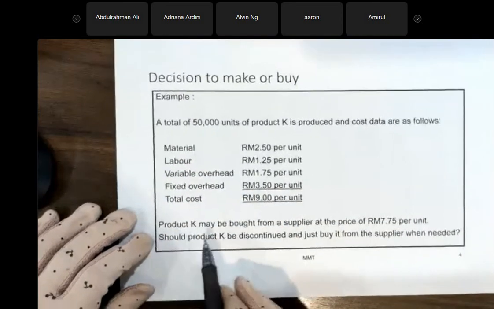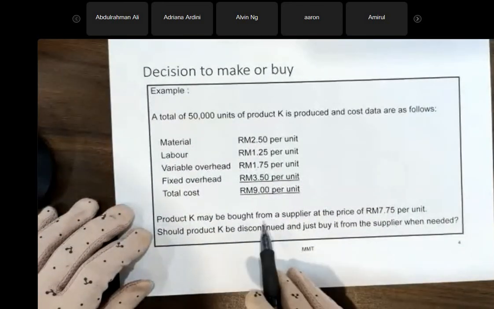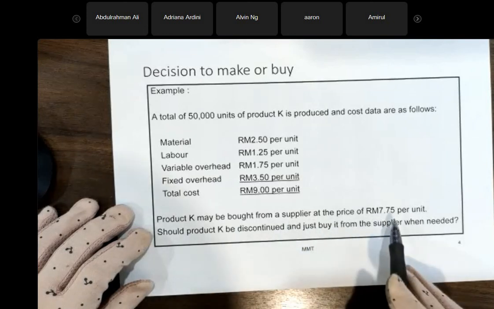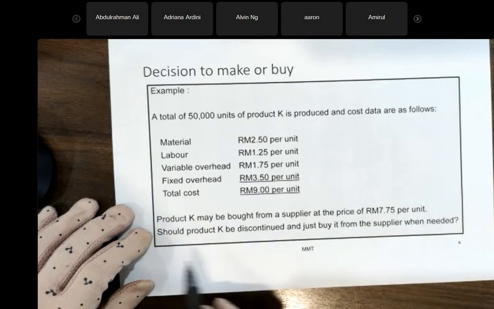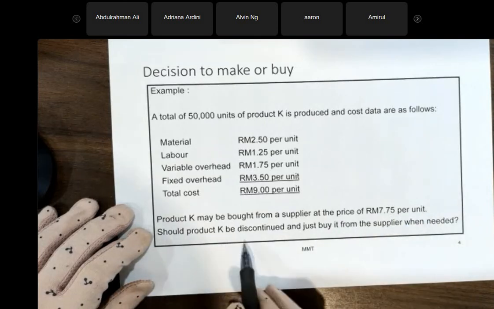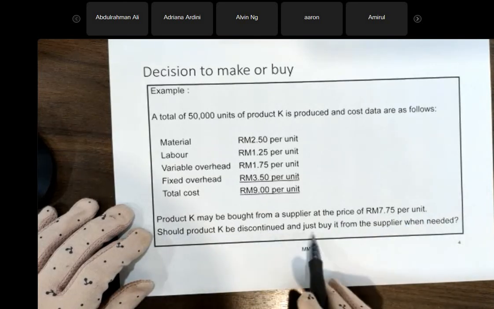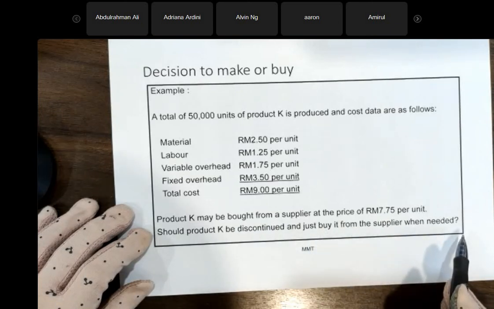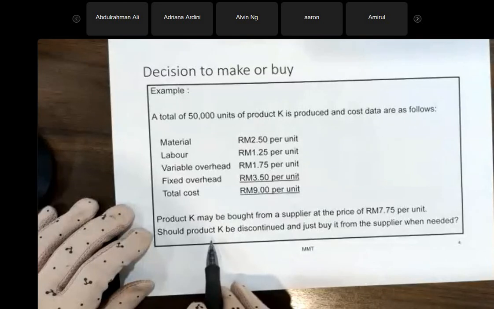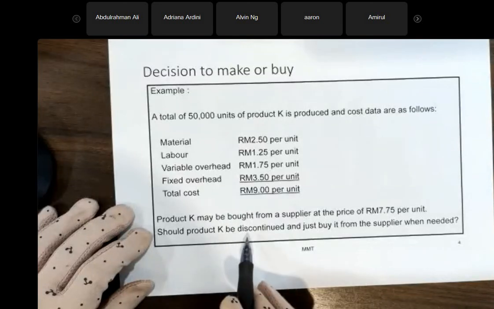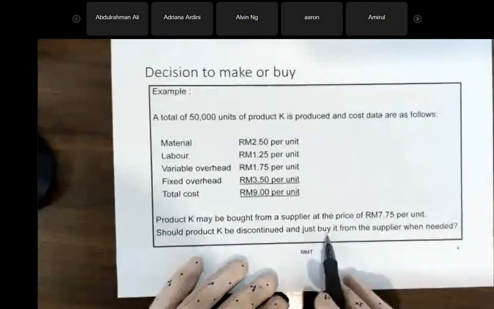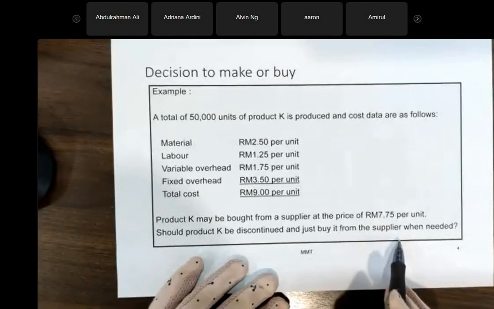Okay, so now product K may be bought from a supplier at the price of RM7.75 per unit. Should product K be discontinued and just buy it from the supplier when needed? Ini maknanya produk K ni patut dihentikan, hanya beli dekat supplier je. Oh ni yang supplier tadi. Hanya beli kat supplier saja bila diperlukan.